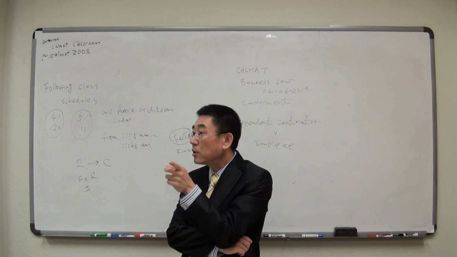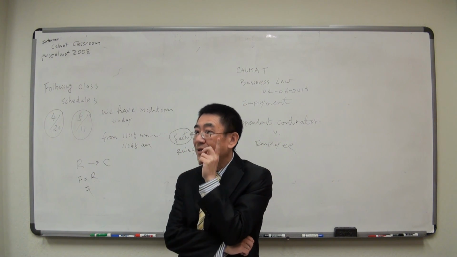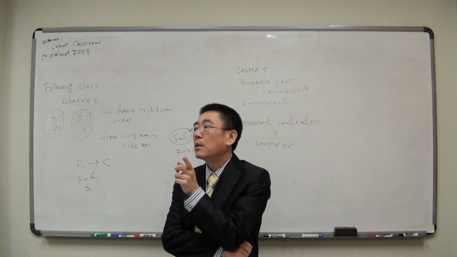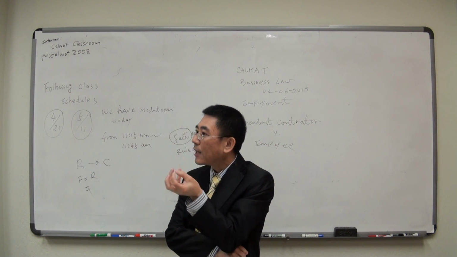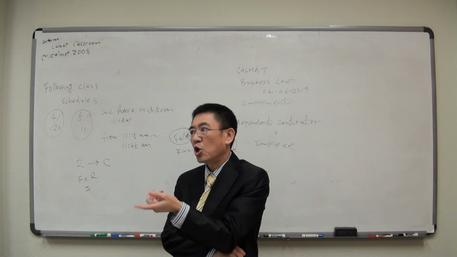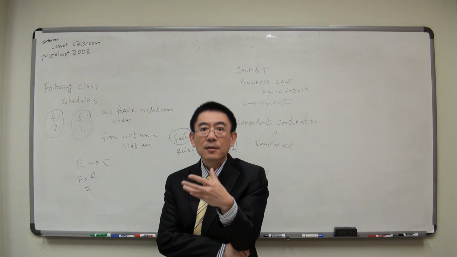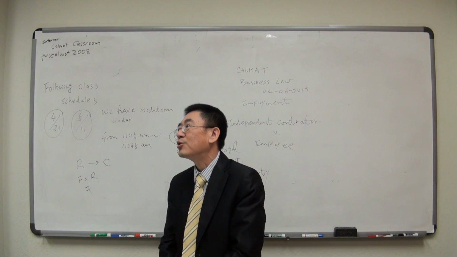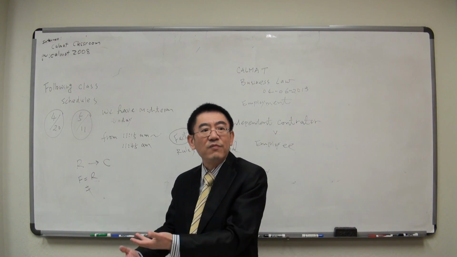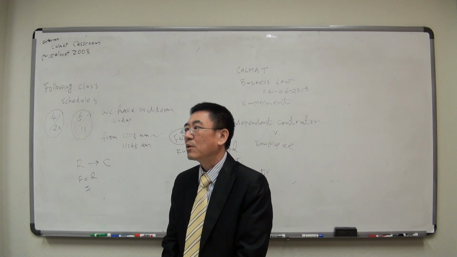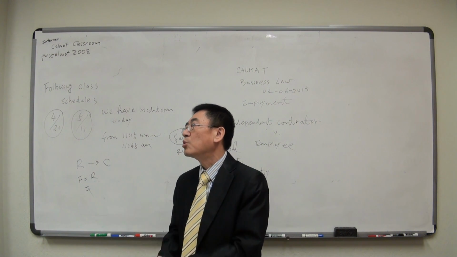If we want to turn down this application, we must justify that this criminal record impairs or prevents the person from fully performing the job. For example, the job is elementary school teacher, and this person has a very bad record. You don't want to hire this person.